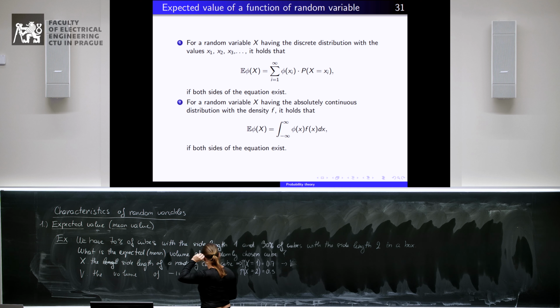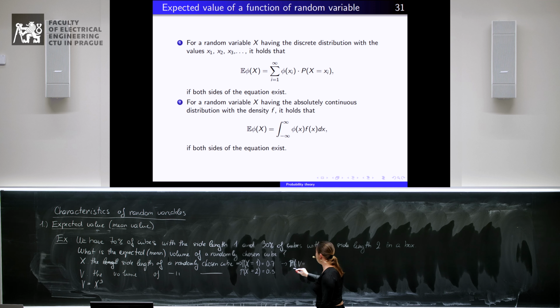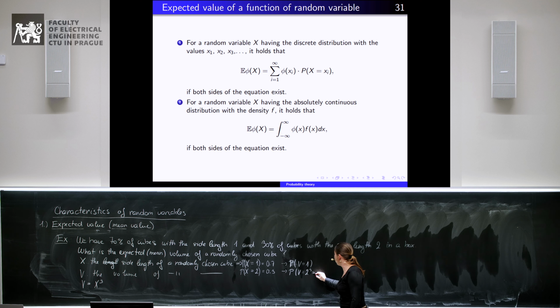And we know that the volume is equal to the side length powered by 3. So in fact, the volume can be either 1 powered by 3 or 2 powered by 3, which is equal to 8.